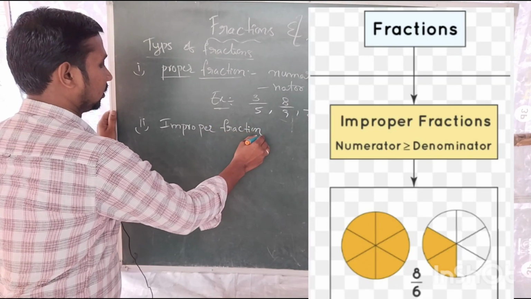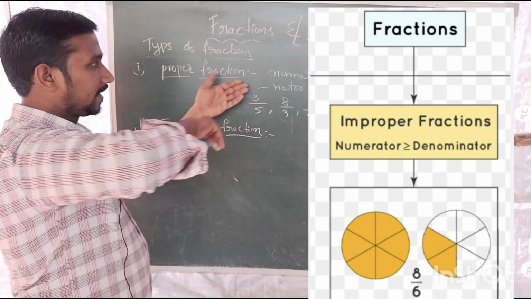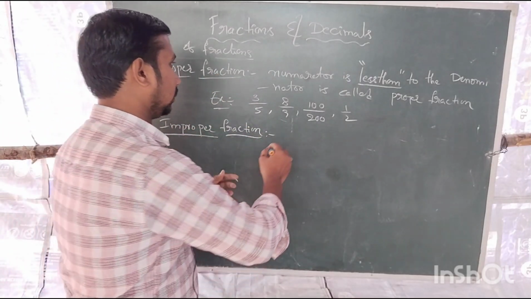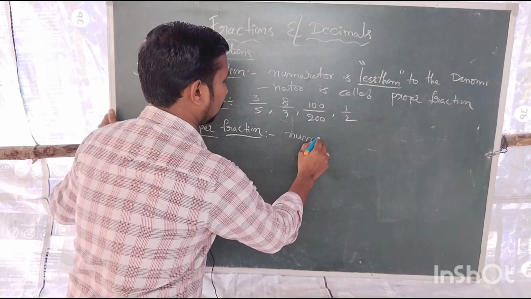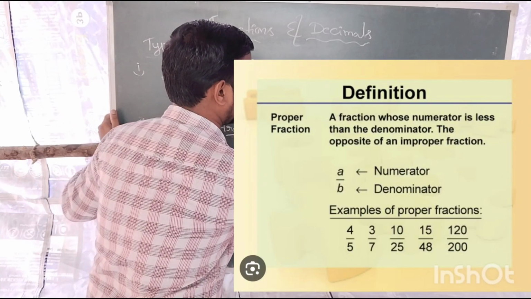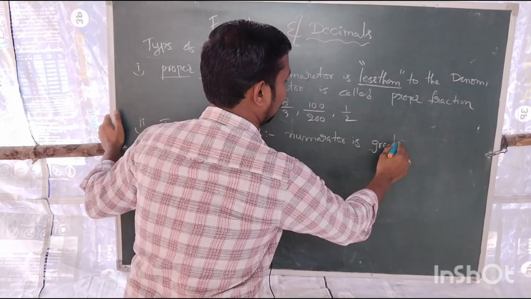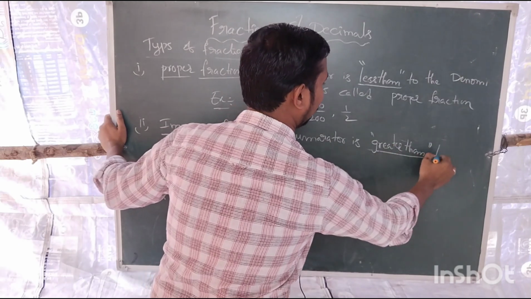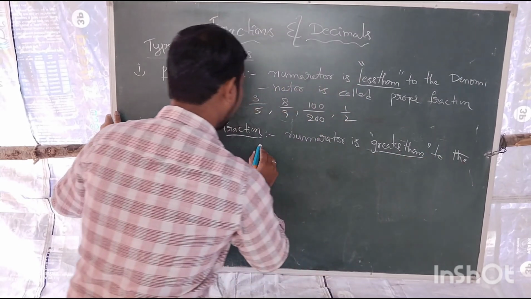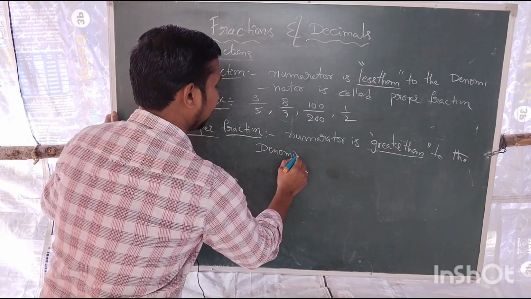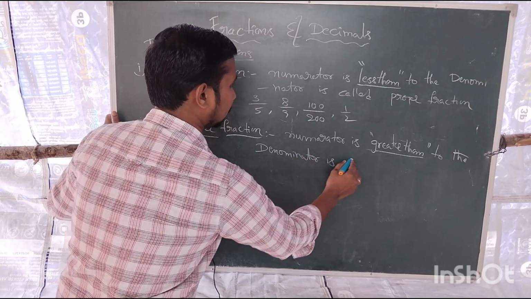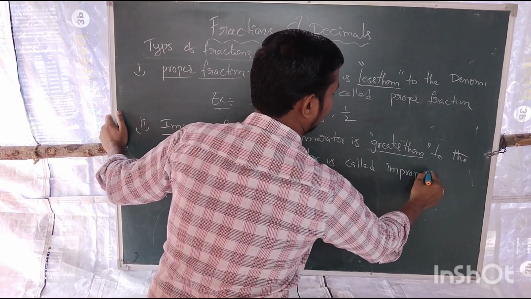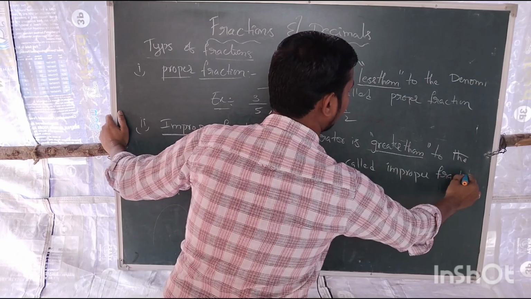Improper fraction. Children, it is quite opposite to the proper fraction. So numerator is greater than the denominator is called improper fraction.